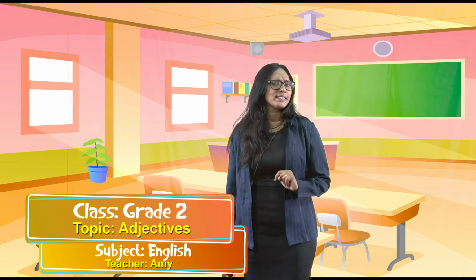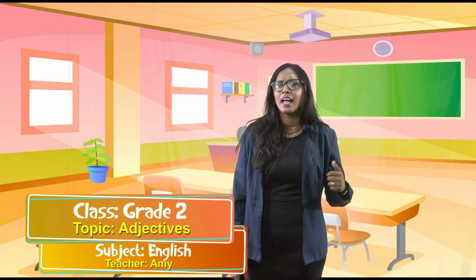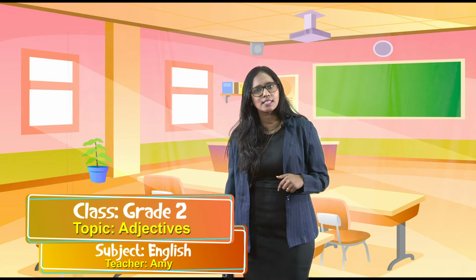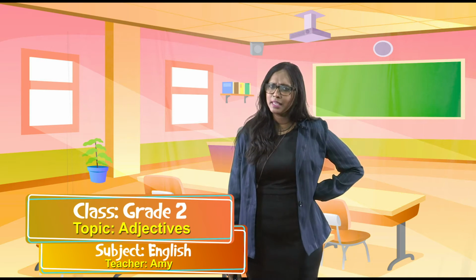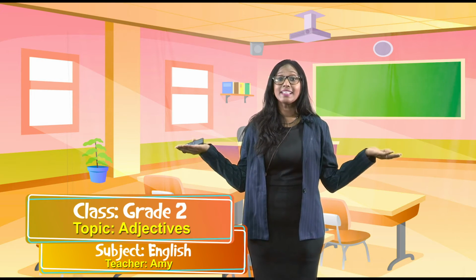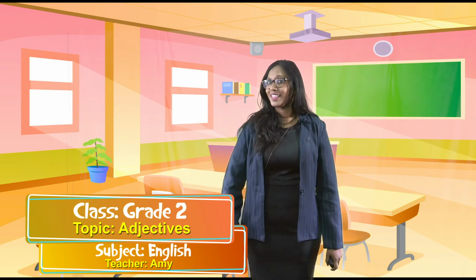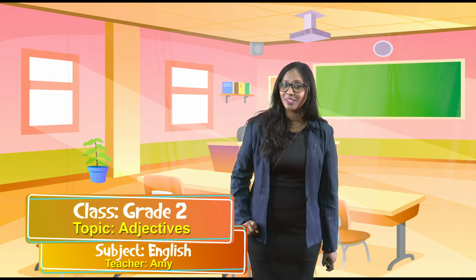Now you might be sitting there, looking at me and listening to me, and thinking to yourself, but Miss Amy, what happens if we have three things or more than three things? Now I have an answer for you.